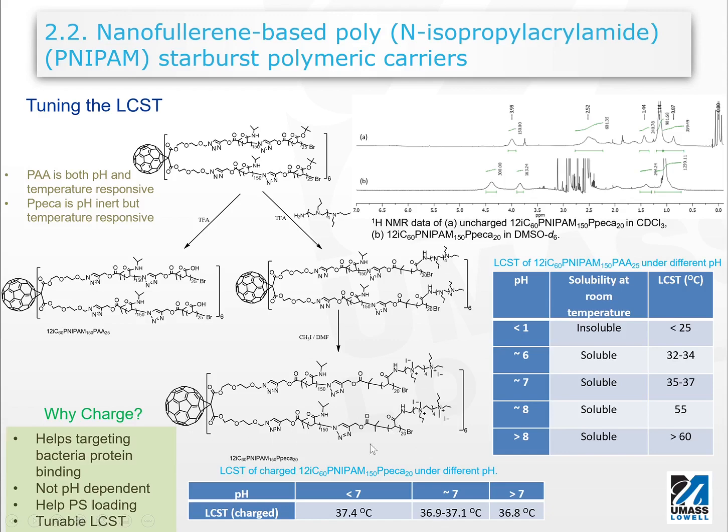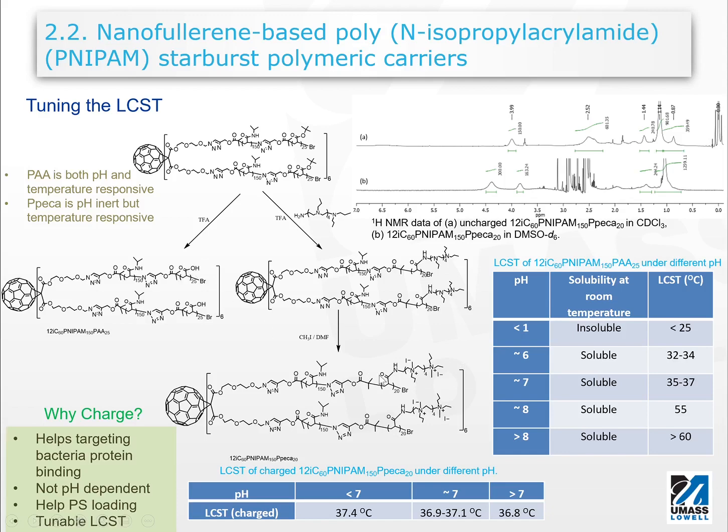And actually, this structure is more pH independent. So we can say under different pH value, they all remain the similar LCST, because the cationic charged chain is more pH inert compared with the carboxylic acid chain.